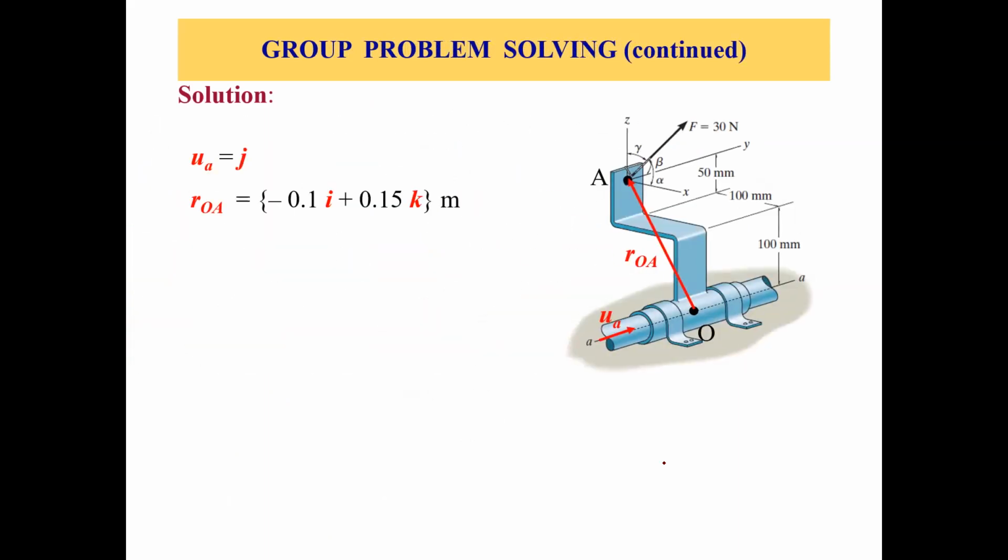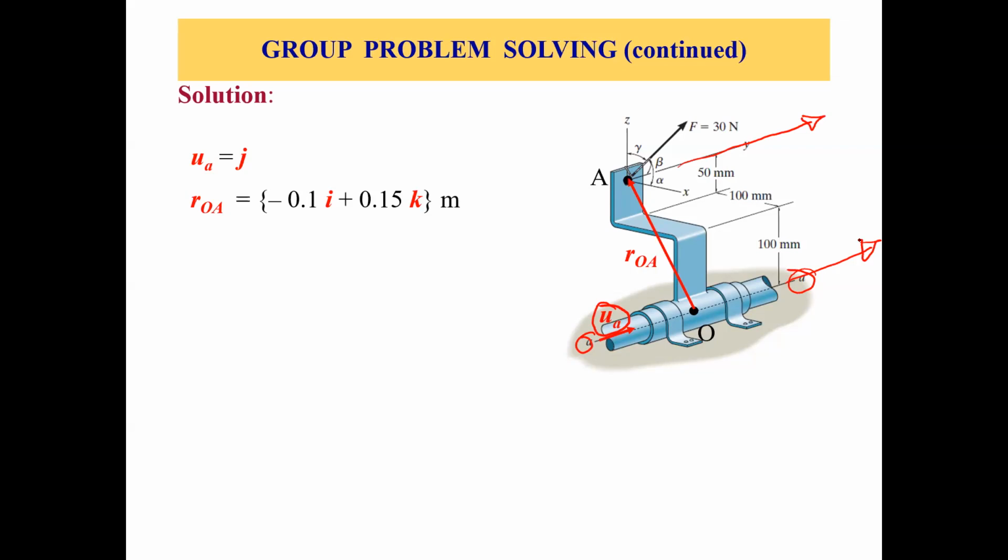This is your axis AA. This is your u sub a, the unit vector giving us the direction. If you see, this is your y-axis, so this is also in line with your y-axis. So what is this u sub a?